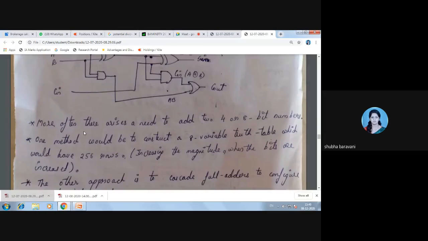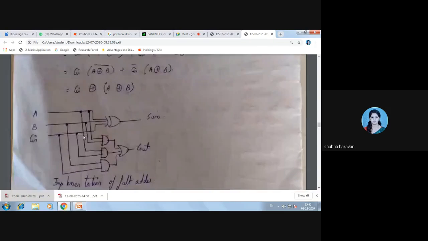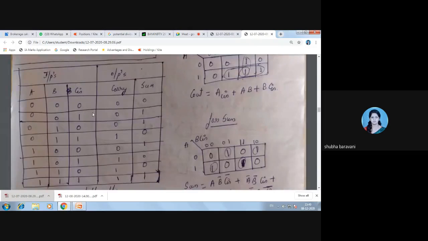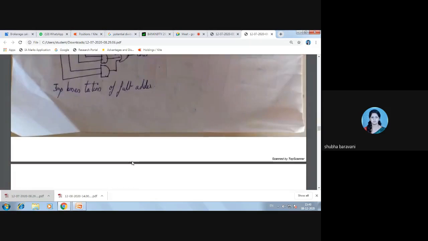If we go on increasing the number of variables, see, this is the truth table for 3 bits. This is the truth table if I want to add 3 bits. Now think, if you want to add a 4-bit number or 8-bit number.